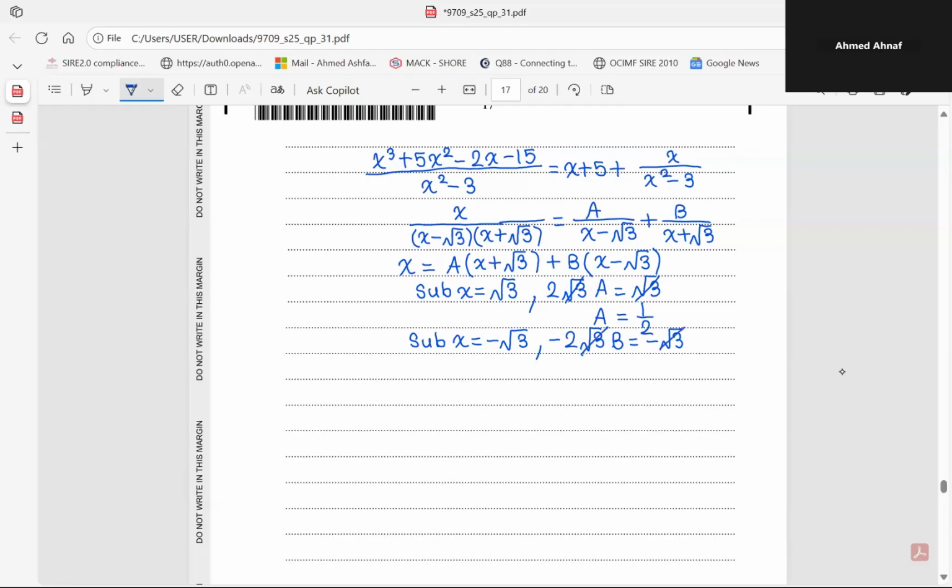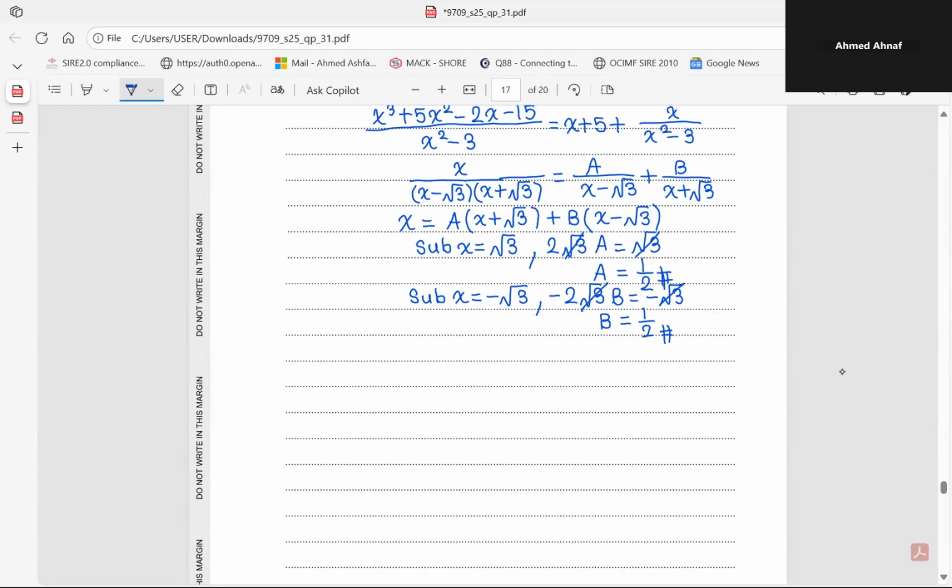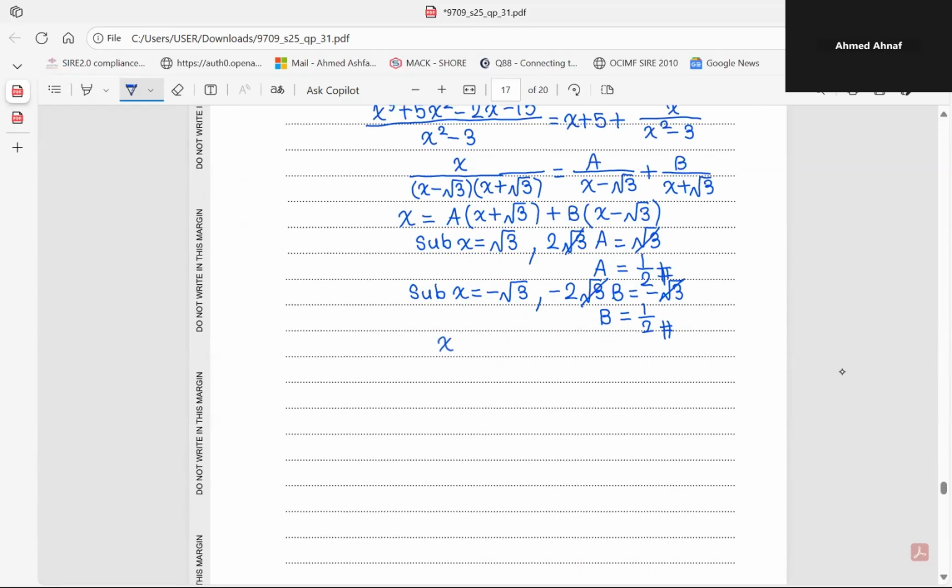So we can cancel this out and we would get B equals half as well. So these are our answers for our constants. So we can conclude x over x squared minus 3 is equal to 1 over 2(x minus square root 3) plus 1 over 2(x plus square root 3).